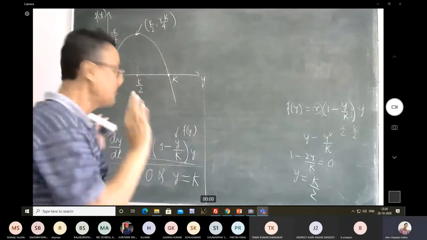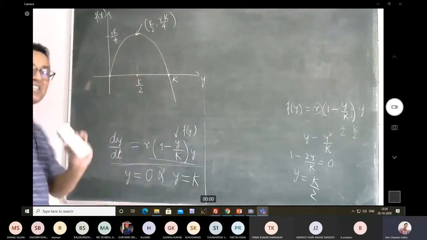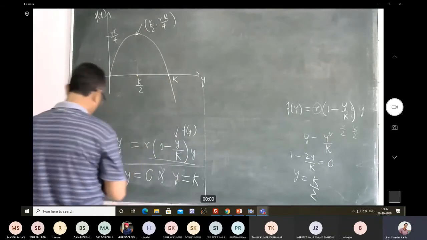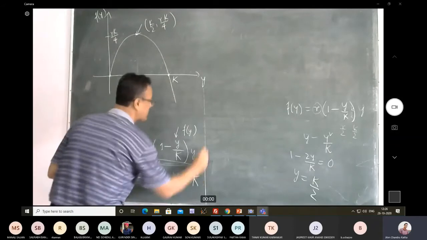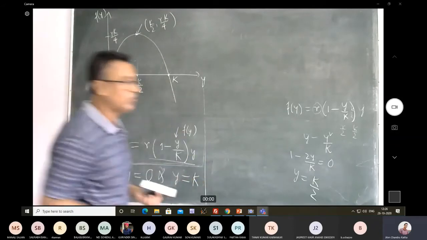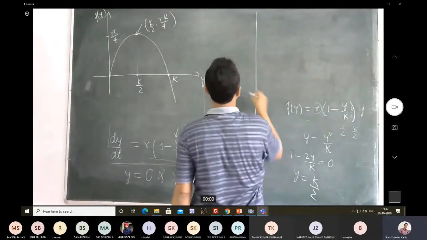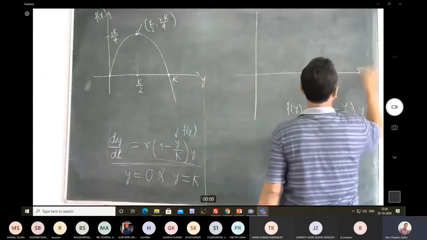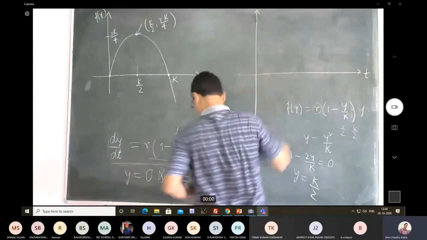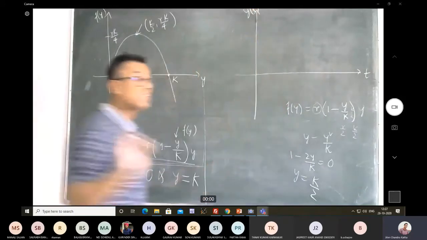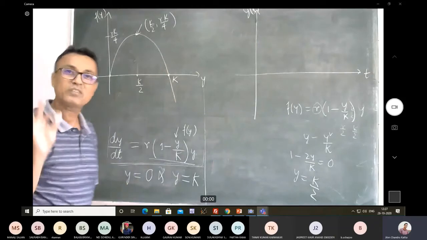Okay, so now what other interpretation can we get from here? Look at this equation again. Now I want to draw the graph of t versus y(t). But right now I'm not going to do it. I'm going to wait for a little bit.